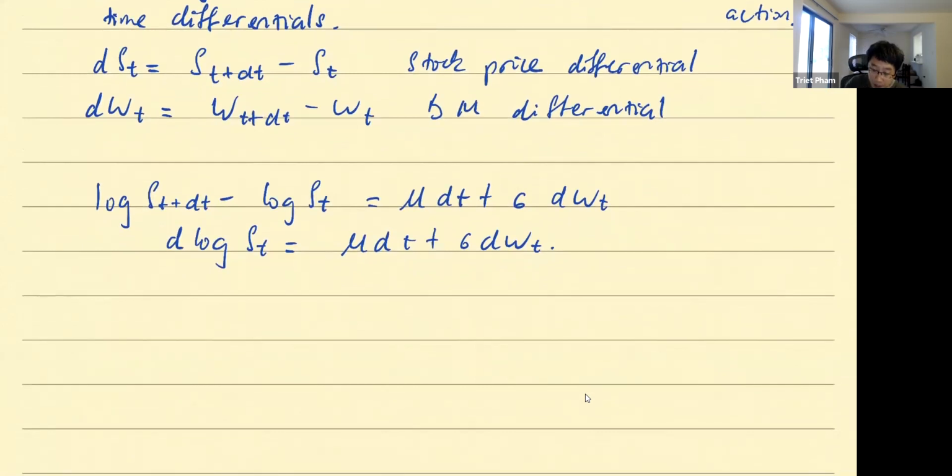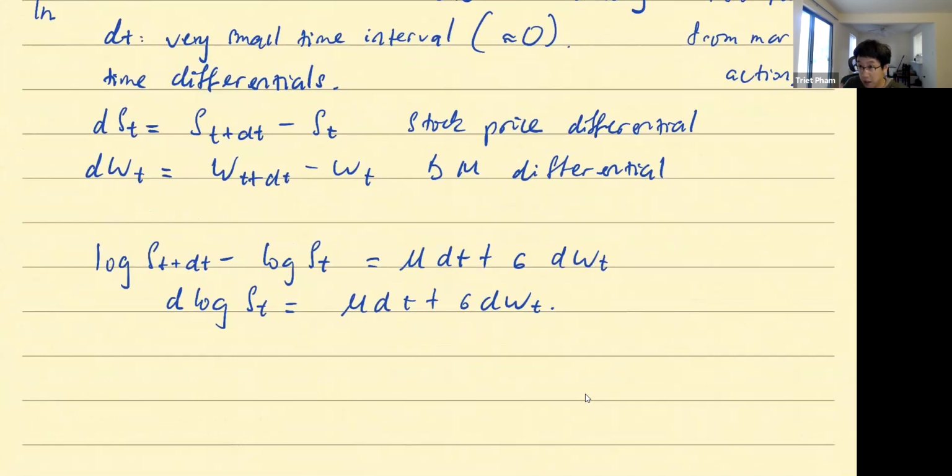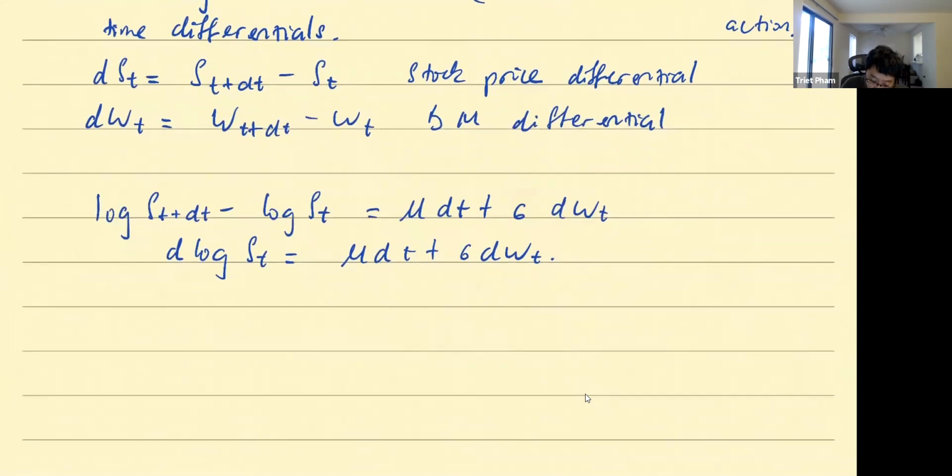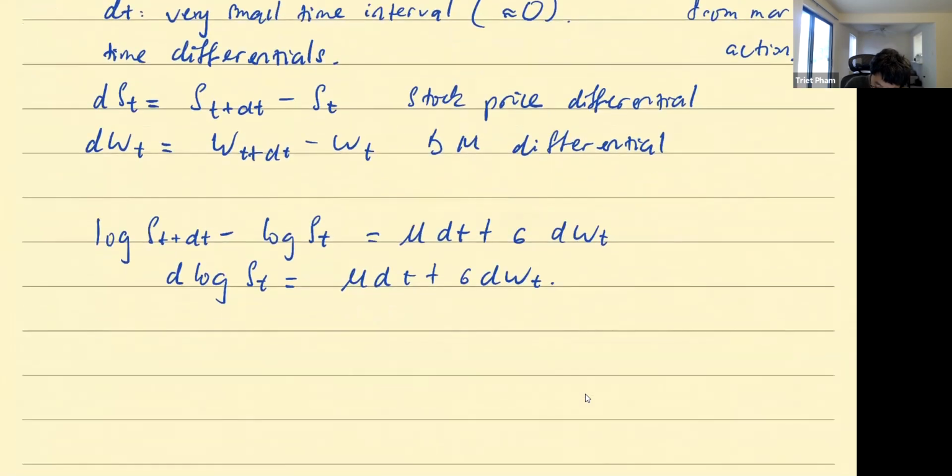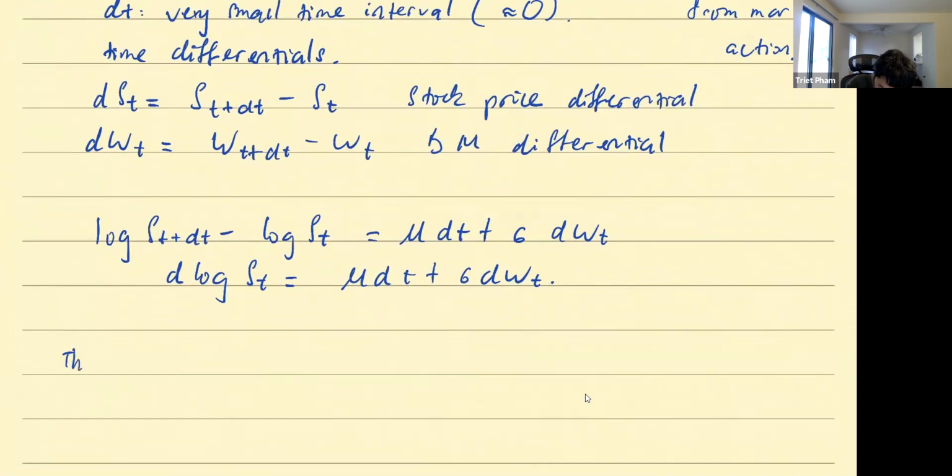We'll talk soon about how to work with this model, which is basically stochastic calculus. But before that, let me say that this implies, first of all, the basic rules of differentials.